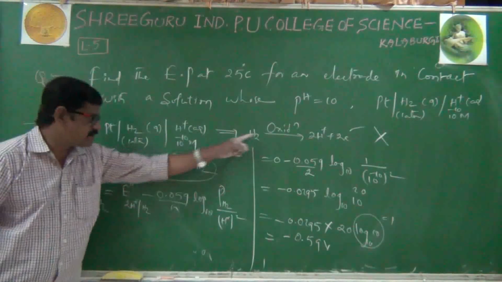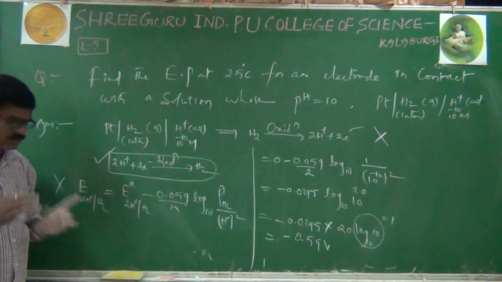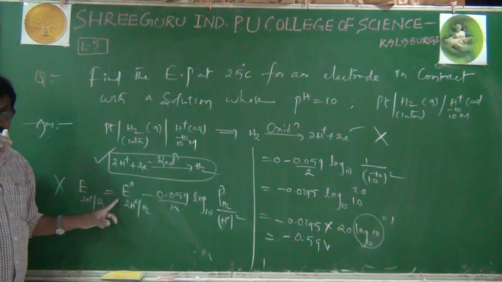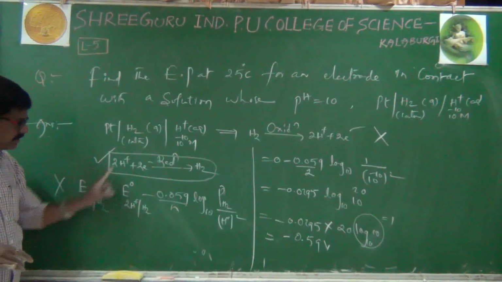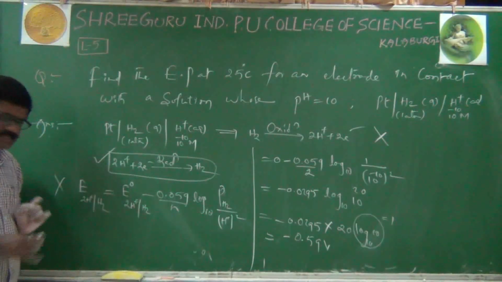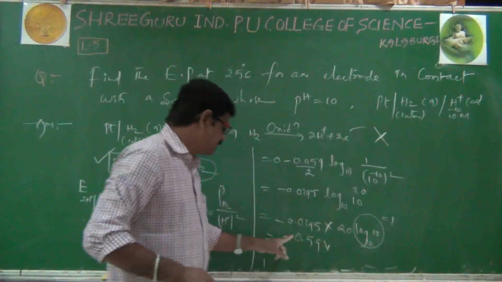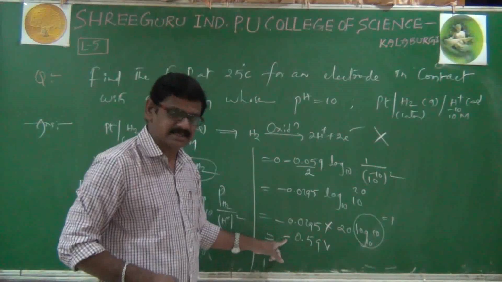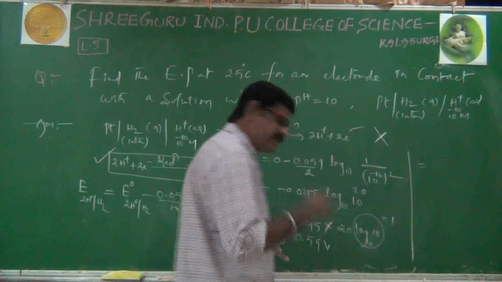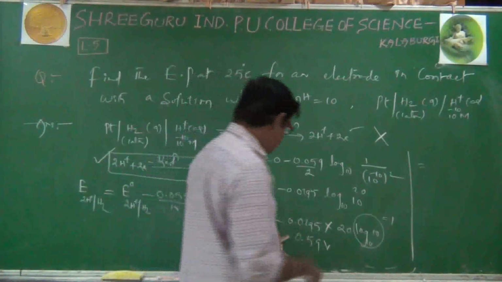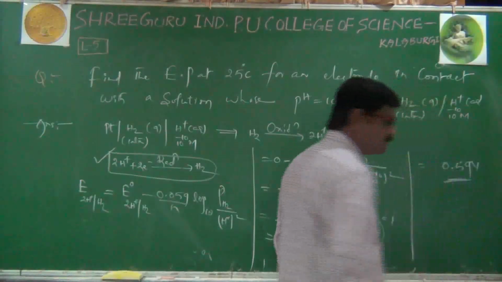Suppose if you take oxidation, we cannot use this formula as it is, we would have to modify it. But I am not changing the formula. I am only using the reduction reaction as it is. But in the question he has asked the oxidation potential. That's why whatever answer we are getting, this answer's sign will change. Therefore the final answer is minus, already there in the answer. Again we will multiply with minus. We will get plus 0.59 volts is our answer.